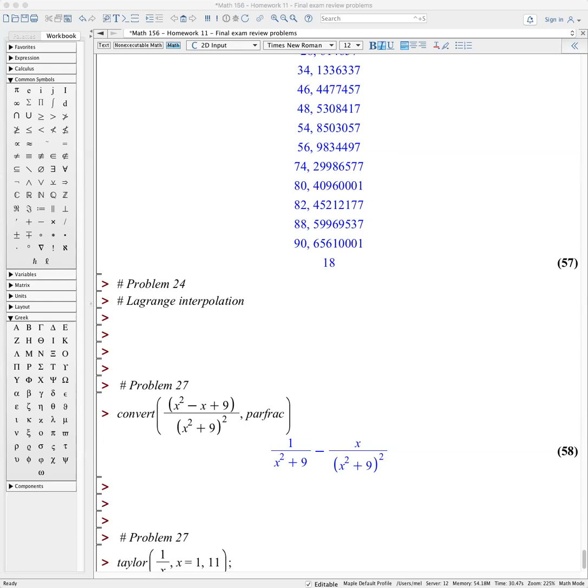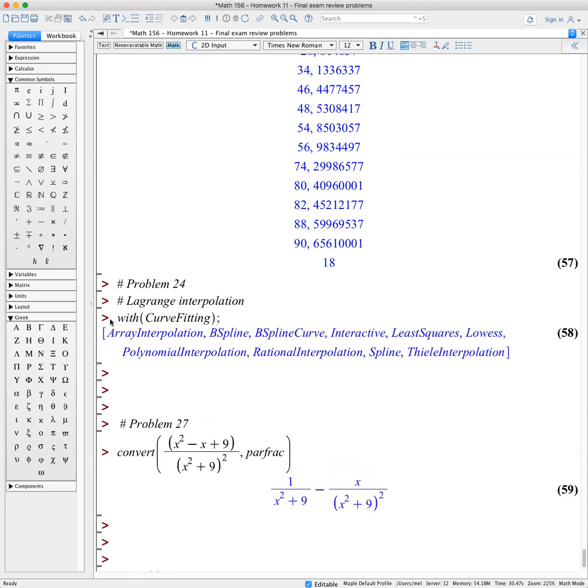So let's see what happens with curve fitting. So there are a whole series of interpolations, and our simplest is polynomial interpolation.